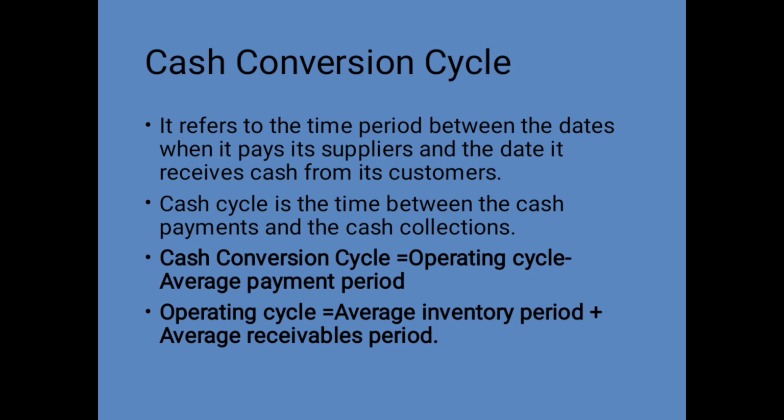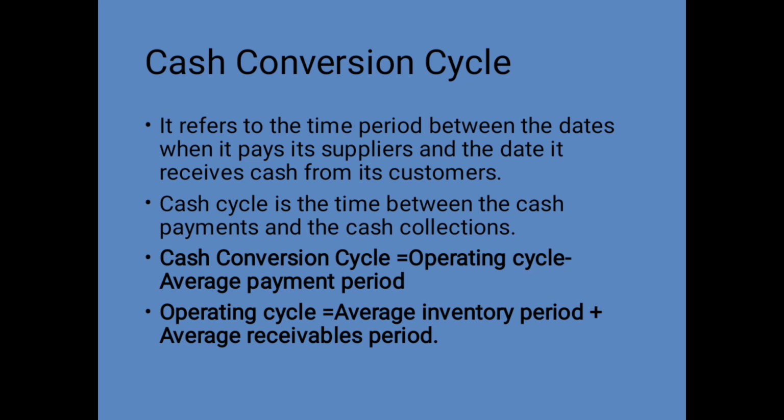So this is all about cash conversion cycle. Cash conversion cycle is equal to operating cycle minus average payment period. Operating cycle is equal to average inventory period plus average receivable period.